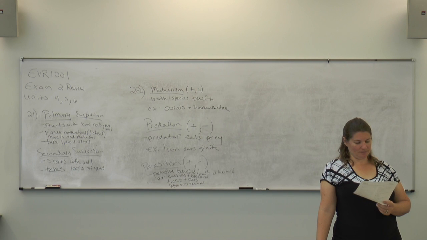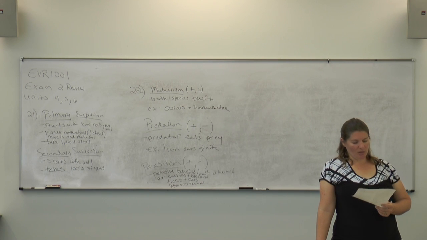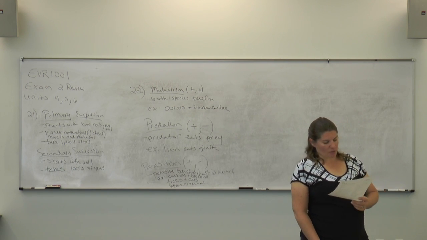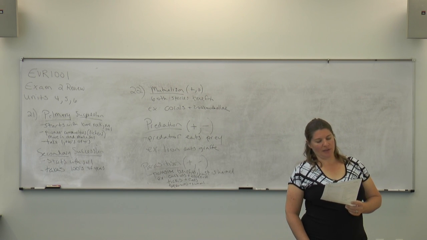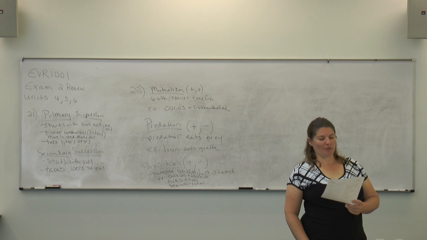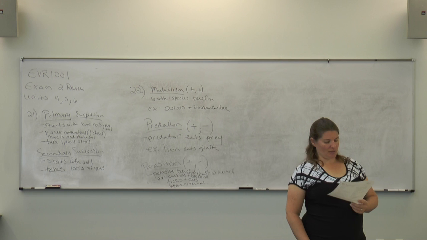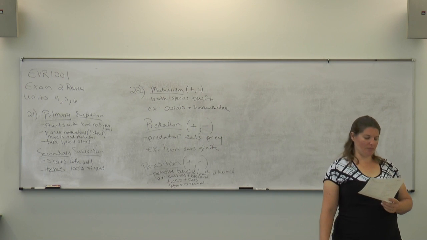Savannah. Number 16, dominated by trees with thin needle-like leaves. That's going to be the same as the fir, pine, and cone-bearing trees that we talked about before. The taiga, the boreal forest, letter D for number 16.